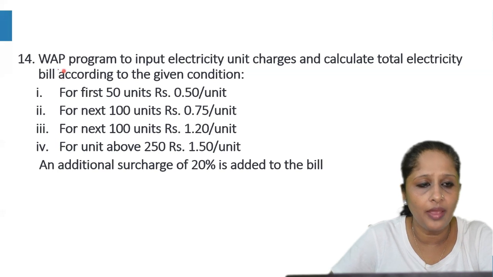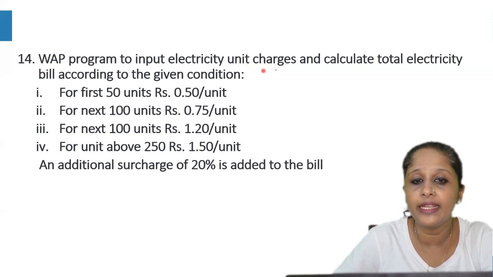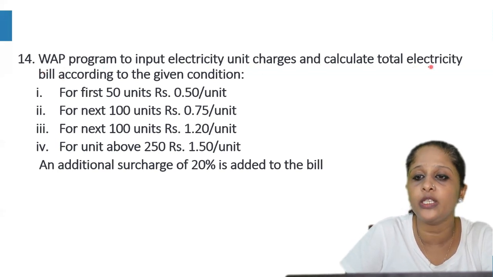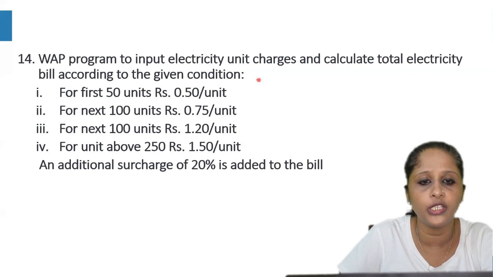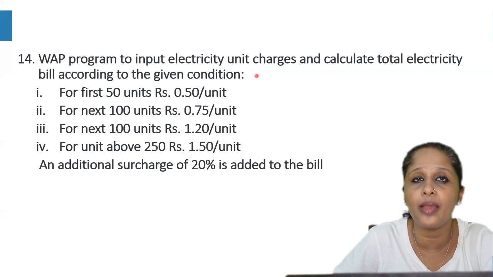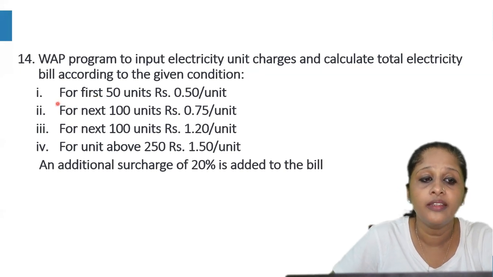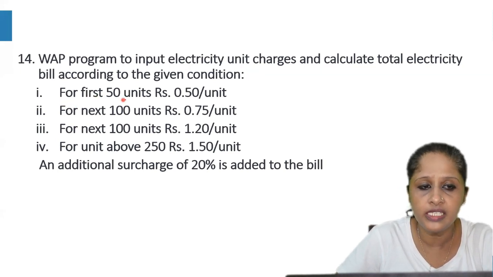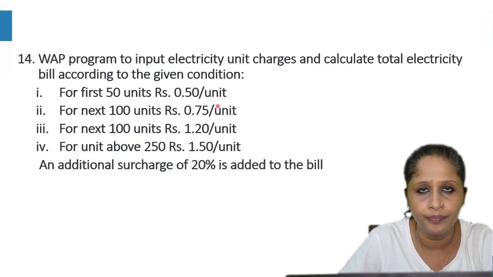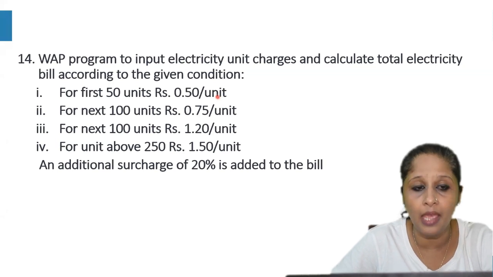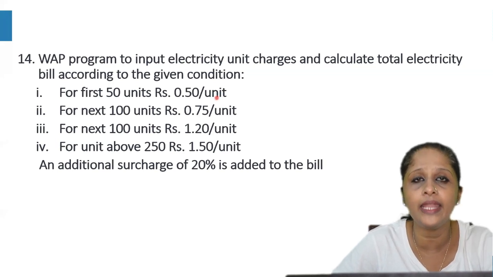Our program is: write a program to input electricity unit charges and calculate the total electricity bill according to the given conditions. So this program is to calculate the electricity bill, right? The first condition: for the first 50 units it is rupees 0.50 per unit. That is, if the units consumed is up to 50 units, then each unit is 0.50.